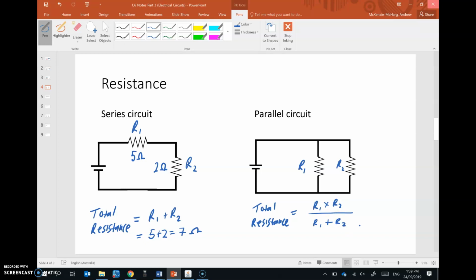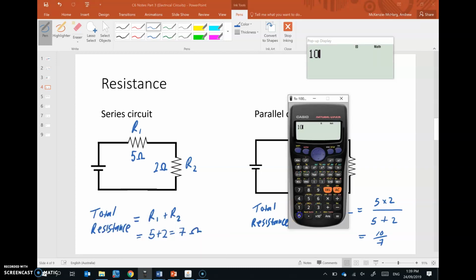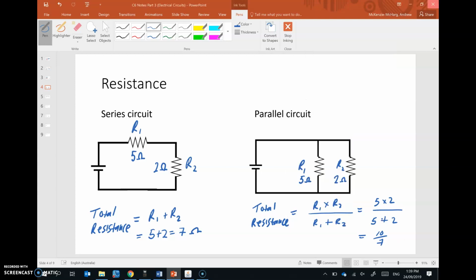So, for instance, if R1 actually had a resistance of 5 ohms and R2 had a resistance of 2 ohms, then we would have 5 by 2 over 5 plus 2, which is 10 over 7. 10 over 7 is 1.4, roughly. 1.4 ohms.